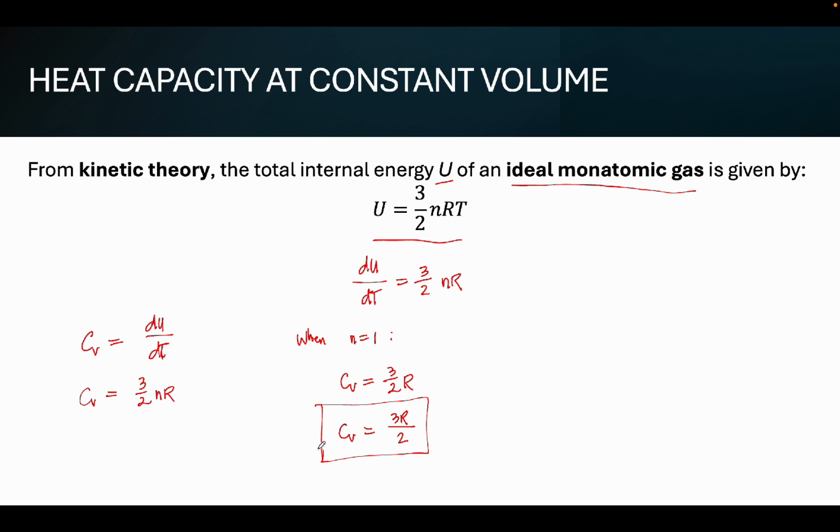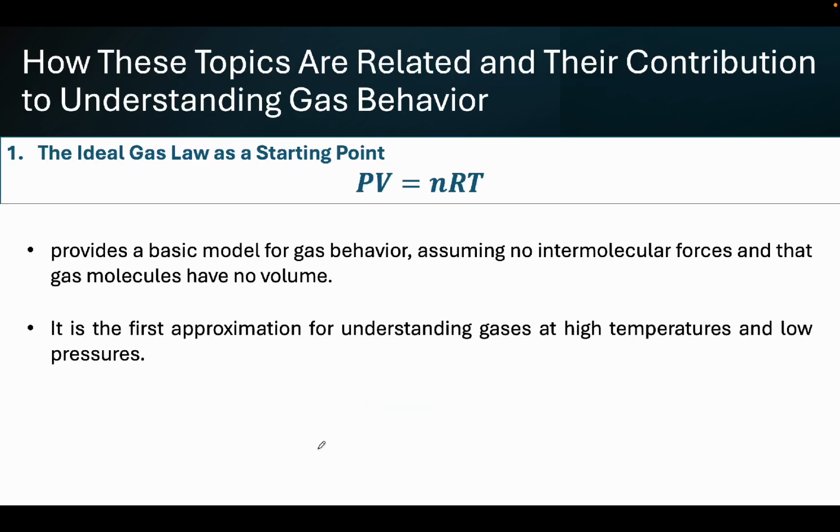Okay, so that's it for the heat capacity at constant volume. Now, how would these 4 topics be related to each other? Let's have it one by one. How these topics are related, and how they contribute to understanding gas behavior. The 4 topics are the ideal gas equation, the van der Waals interactions, the translational kinetic energy, and the root mean square speed.